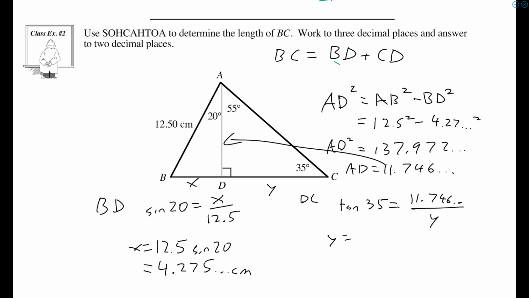So y is equal to, taking my value, the answer divided by 95, and I find that y equals 16.775. So then how do I find BC?